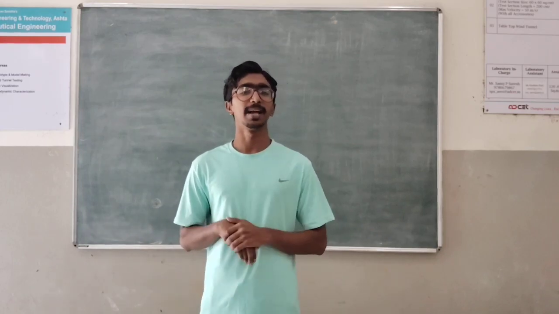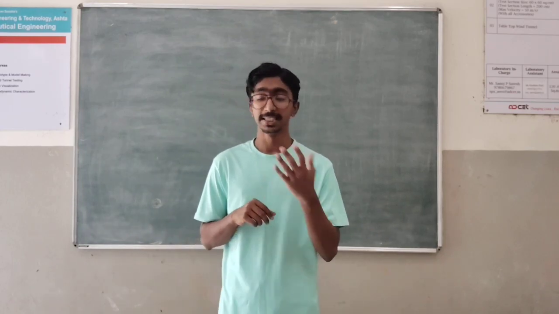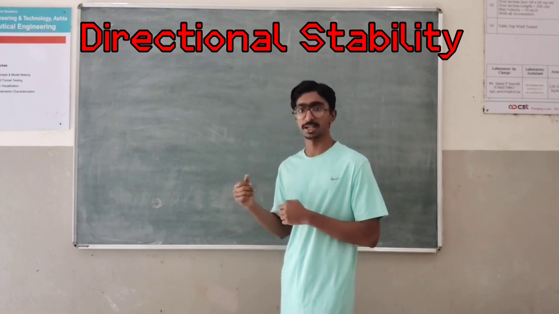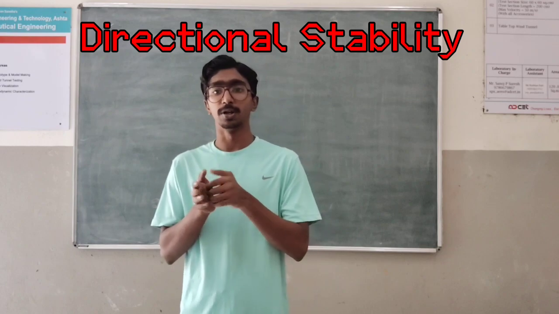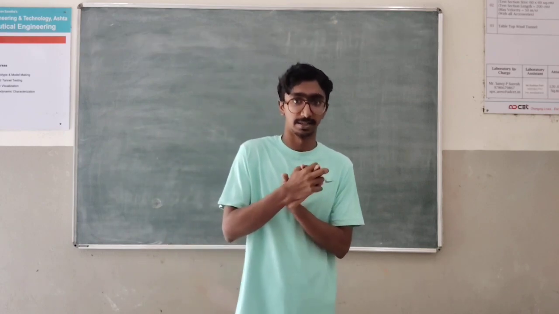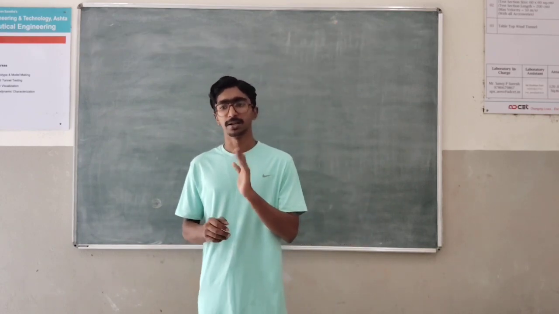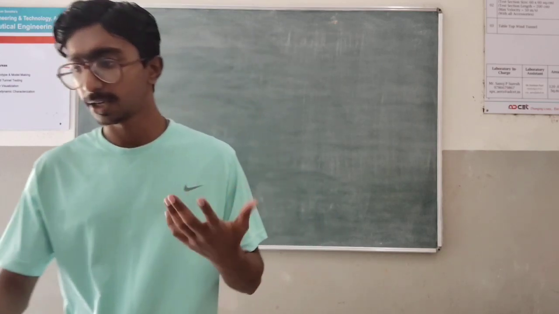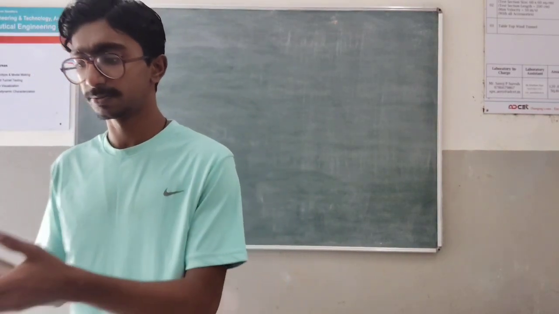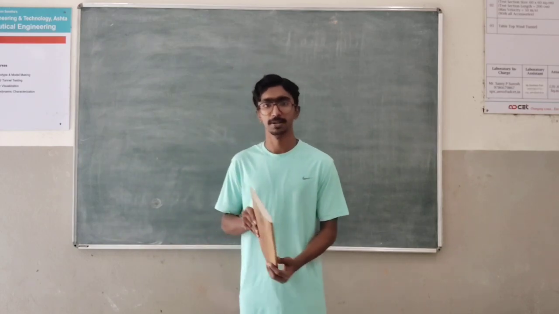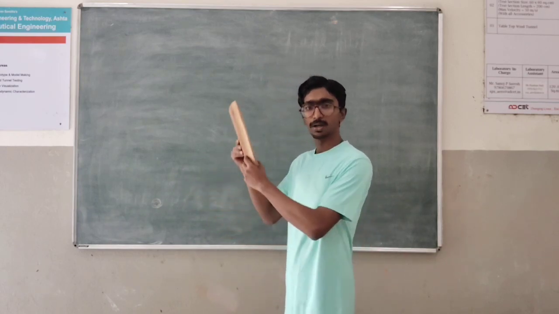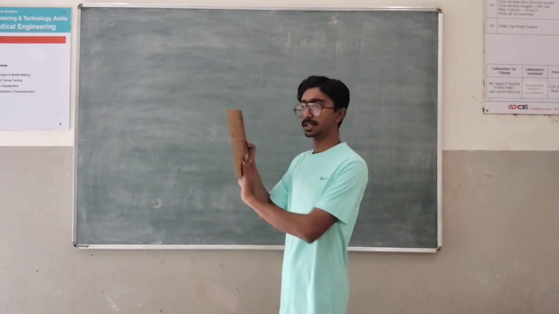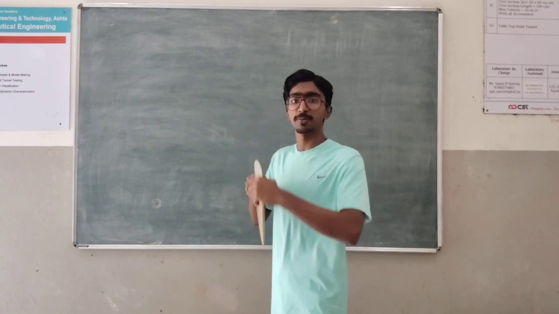The third concept that we are going to see is directional stability. Directional stability involves the deflection of the rudders. I cannot show you rudders, but let me give an example. The rudder is located at the tail of the fuselage. Consider this is the tail of the fuselage and we are seeing it from a top view.